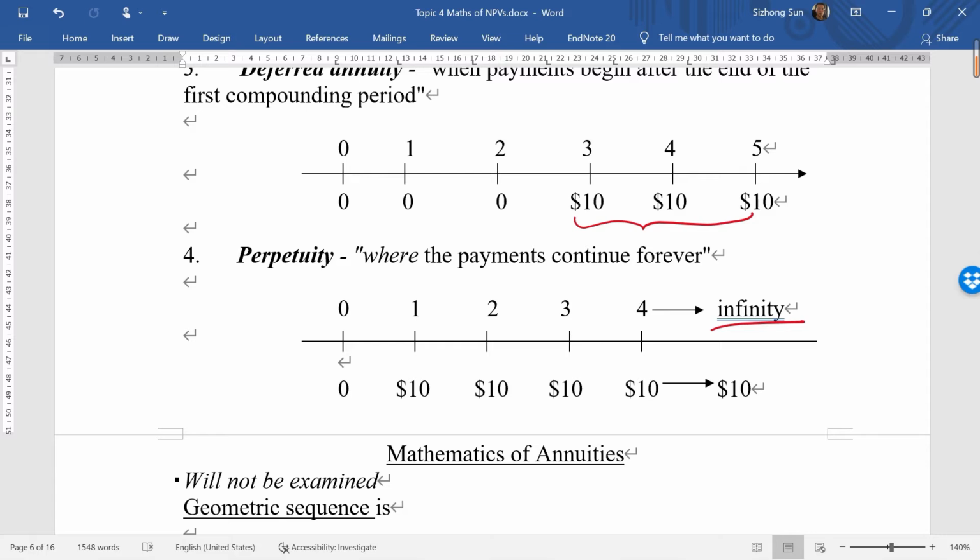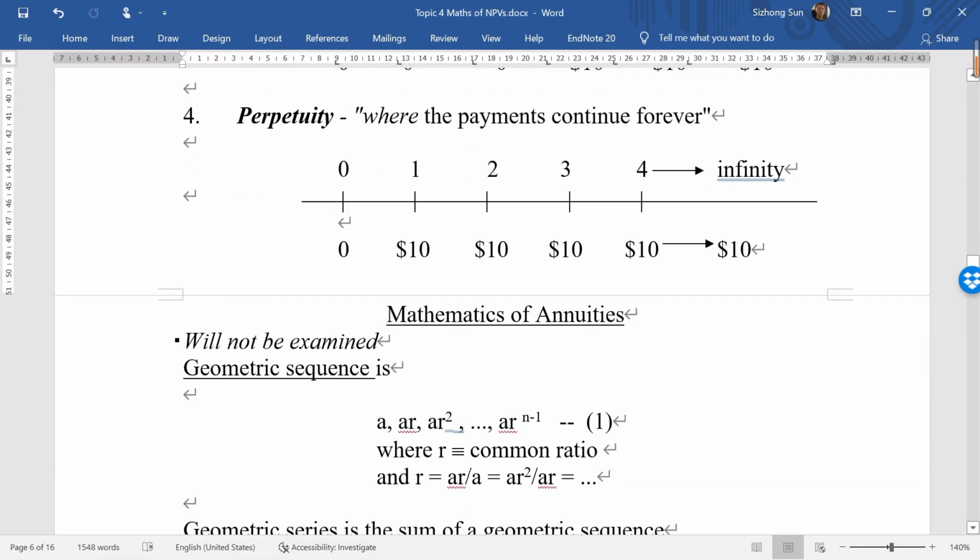To do so, let's look at a particular sequence of numbers. Let's say we have a sequence of numbers like this: A, the first term, then AR, AR squared, AR cubed, and AR to the n minus 1.